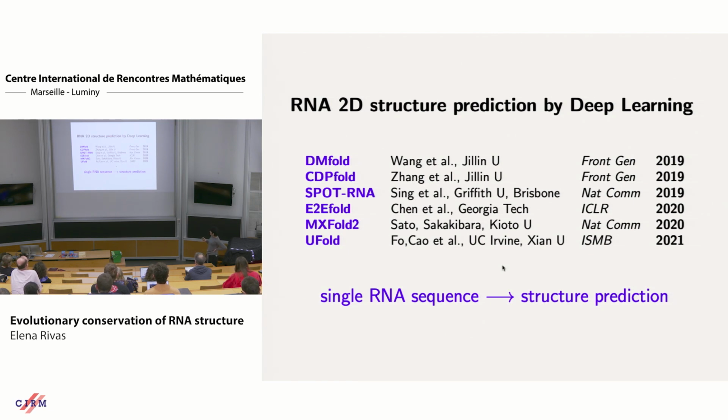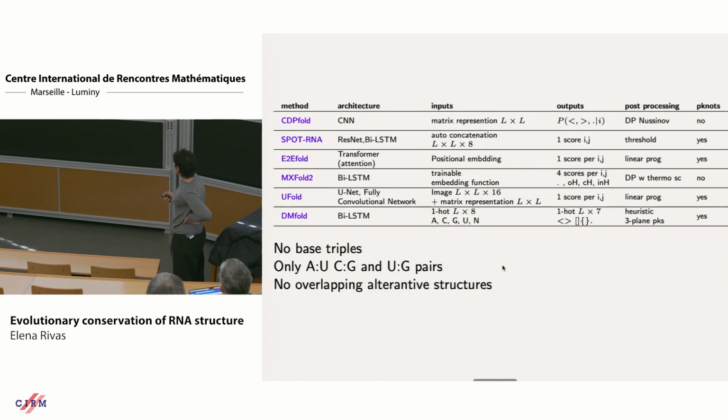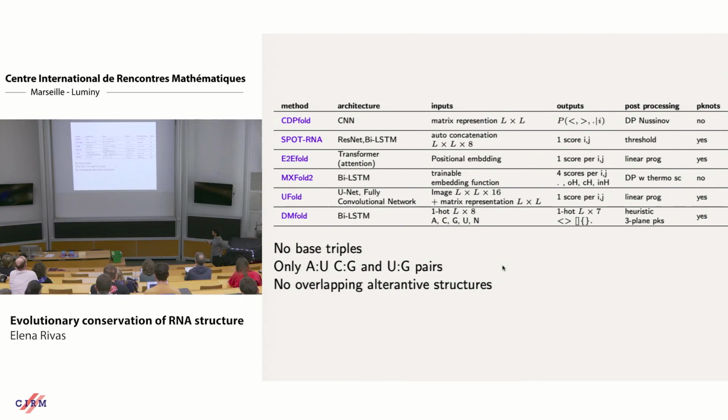So these are some reasons. This is just for the problem of RNA structure prediction. I give you the sequence, you give me the structure. There are many different methods for this case of just getting the base pairs, and this is just a selection of those. If you look at their actual characteristics, they use all possible architectures that exist.